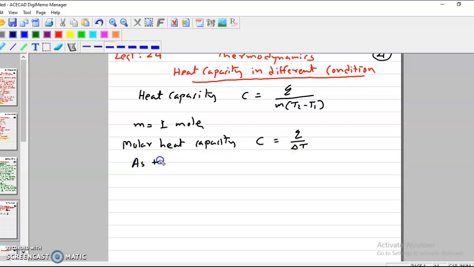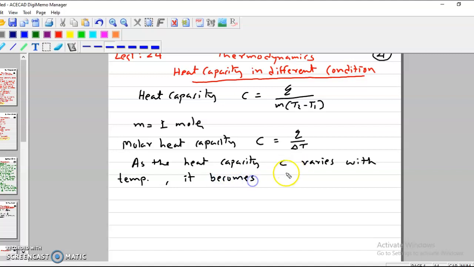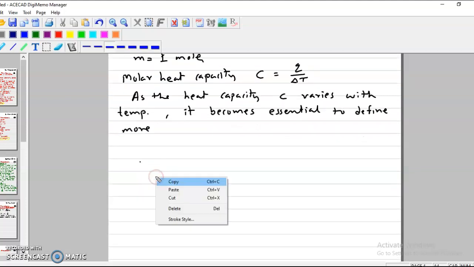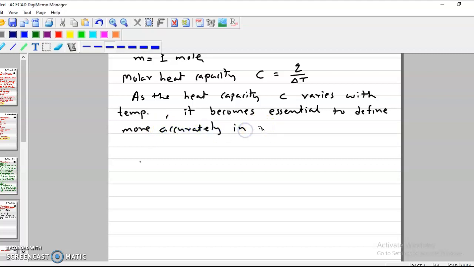Now, as the heat capacity C varies with temperature, it becomes essential to define it more accurately in the differential form.